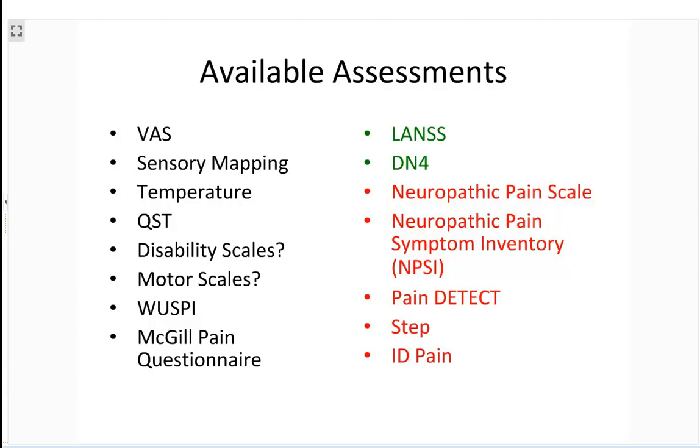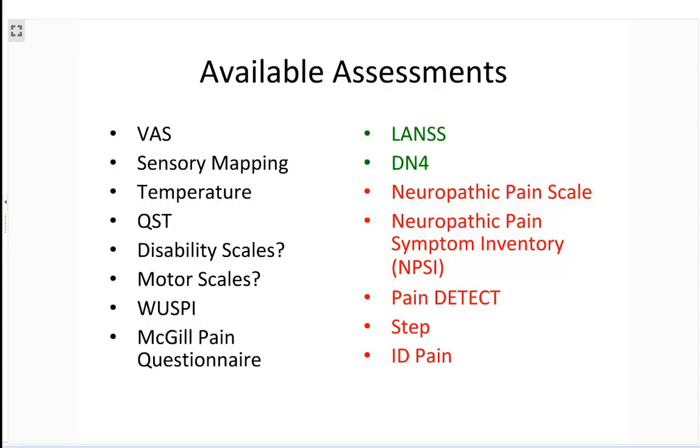The ones in green here that are used more in identifying potential contributions to neuropathic pain are the Leeds assessment of neuropathic signs and symptoms, and the DN4. They're more to identify if there are potential neuropathic contributions and not particularly sensitive to change.